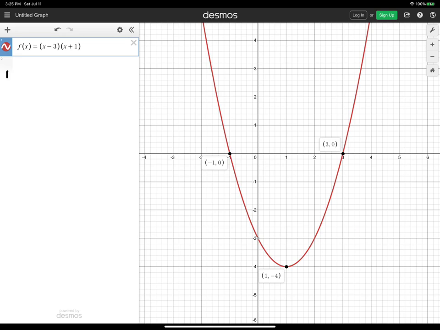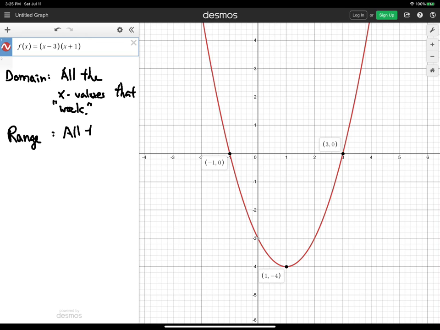My definition for domain is all the x values that work, and my definition for range is all the y values that work.